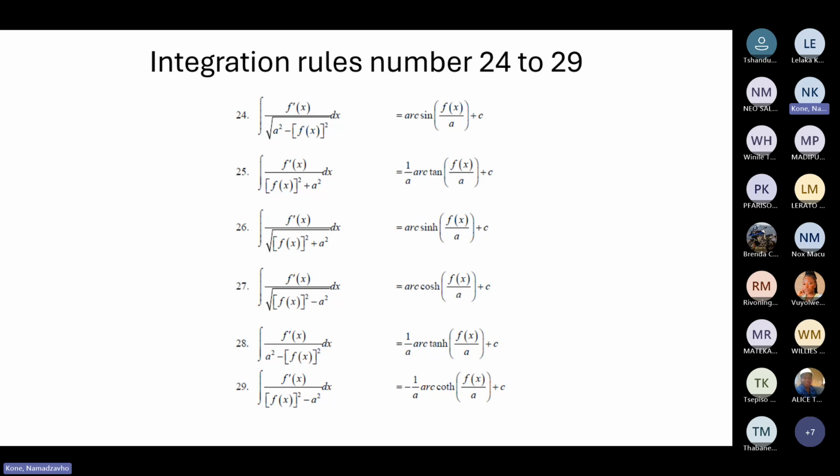The one that has a square root, but looks almost the same except for the root sign, has arc sine of f of x over a plus c on the right hand side. So that is the confusion that I have, which I hope you don't have. But if you do, I have given you a forewarning about it, so you will be careful when you are looking for a rule to apply.